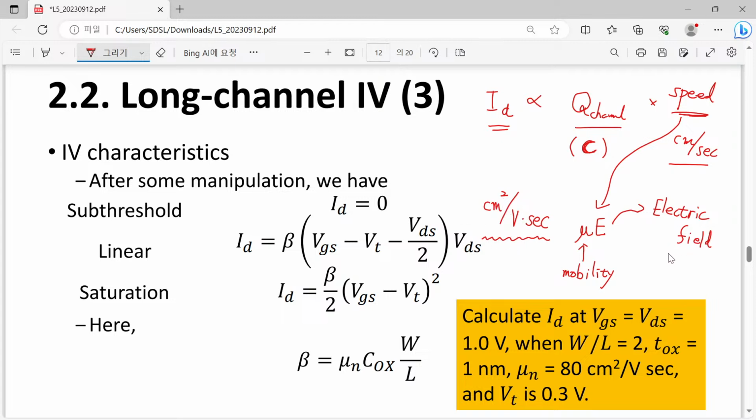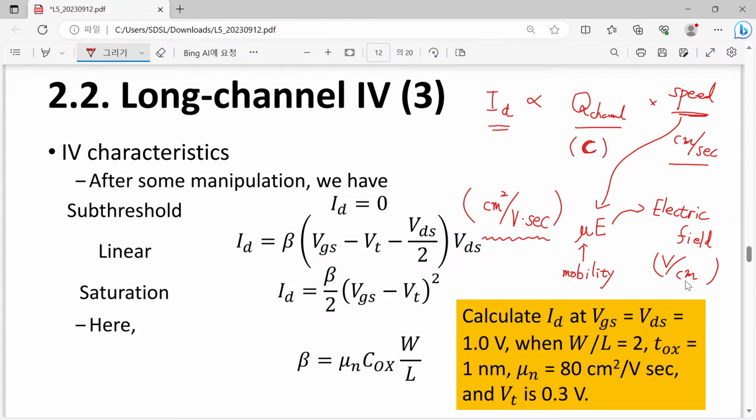And what is the unit of your electric field? Your electric field is the potential divided by the length. This is your unit system. Let's make the product between these two quantities.